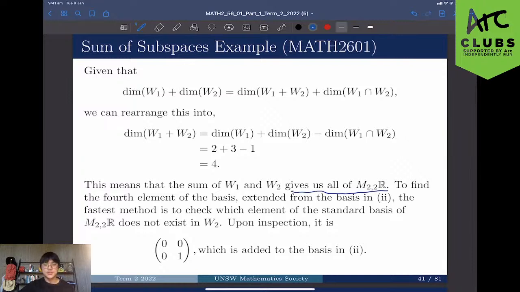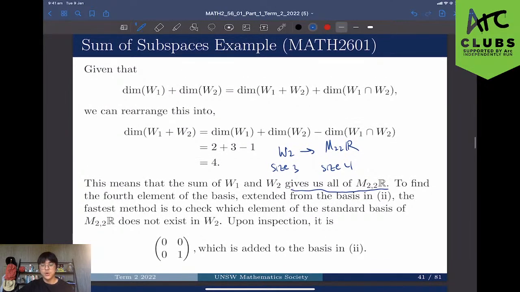So we want to extend the basis that we found in part 2. So we want to extend the basis of W2 to 4 elements. So size 3. So that means we need to add one more element to the basis. And the element we're going to add has to be an element that can't be in W2.